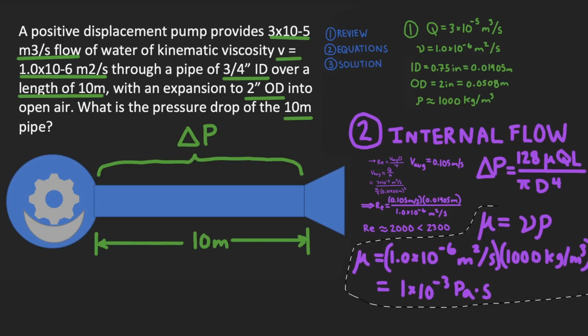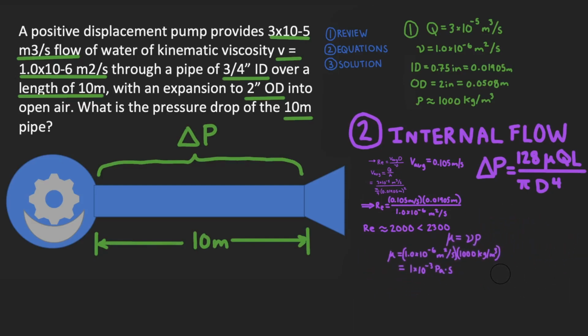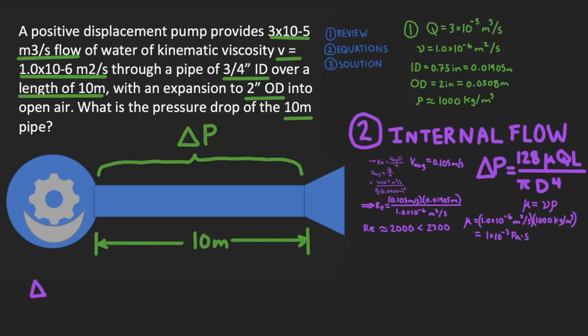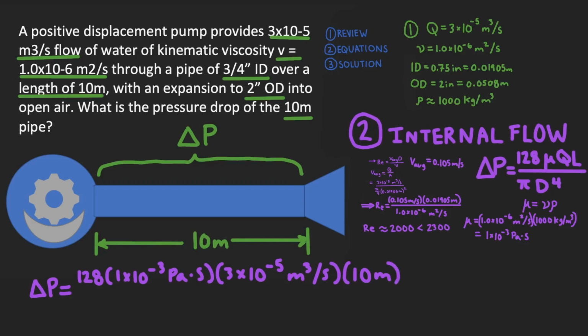So putting all of the information into our equation for the change in pressure, we find that delta P equals 128 times 1 times 10 to the negative third Pascal seconds times 3 times 10 to the negative fifth meter cubed per second times 10 meters divided by pi times 0.01905 meters to the fourth.